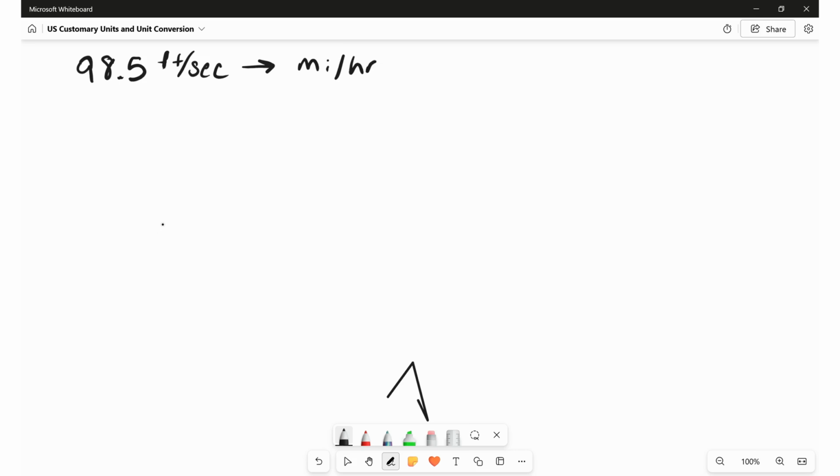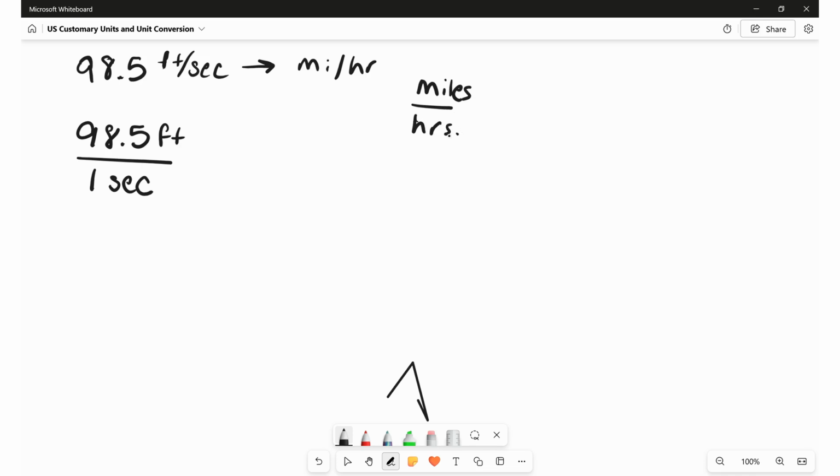So first of all, we are told 98.5 feet per 1 second. And at the end, we want to have miles on top, hours on the bottom.